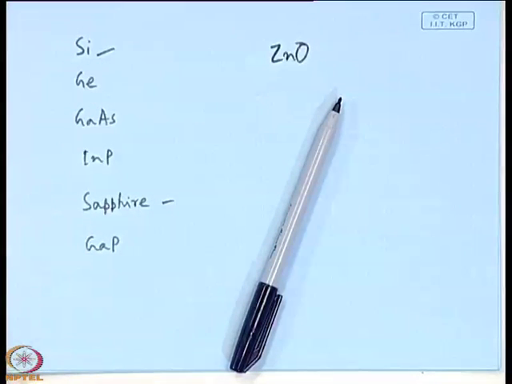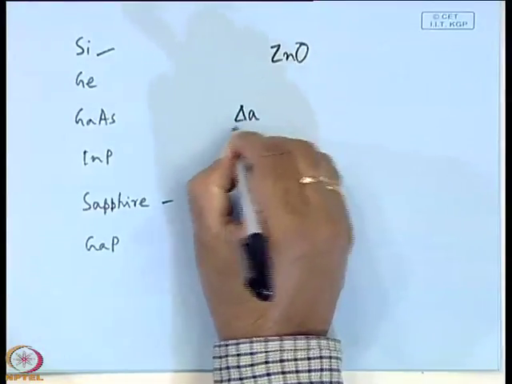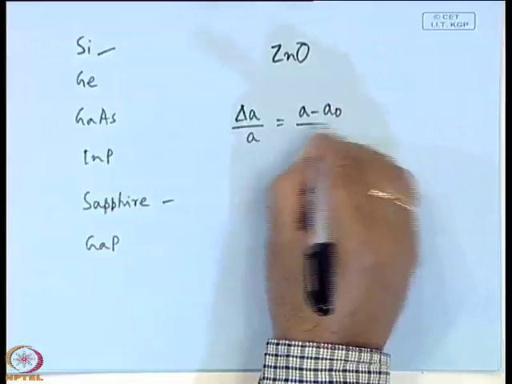You see that the lattice mismatch is given by delta a by a, which equals (a minus a0) by a.